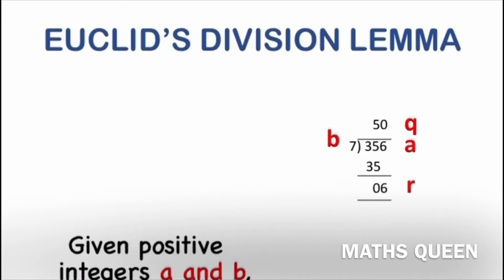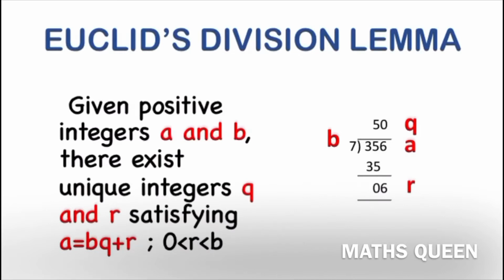So, given positive integers A and B, there exist unique integers Q and R satisfying the equation A is equal to B into Q plus R, such that 0 less than or equal to R less than B. Isn't that simple?